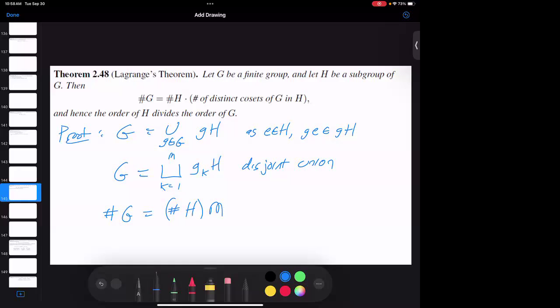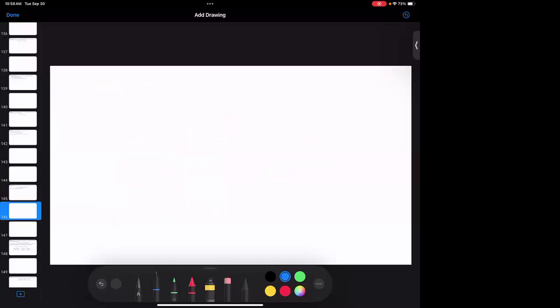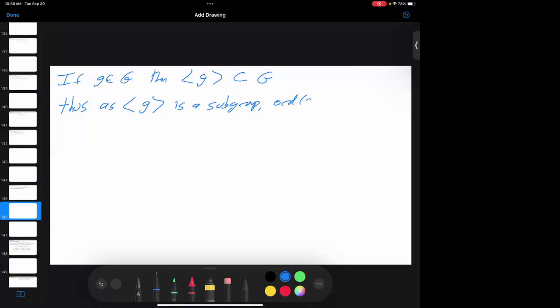And so this is absolutely wonderful. So why do we care about something like this? If g is in G, then the cyclic group generated by g lives inside G. Thus, as this is a subgroup, the order of g divides the size of big G. Recall, the order of little g is the smallest n such that g to the n is the identity.